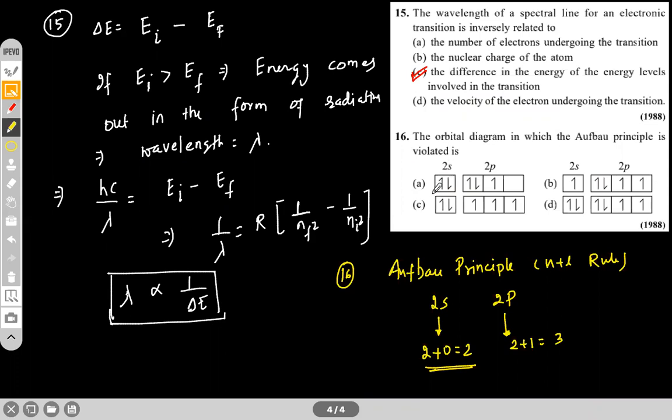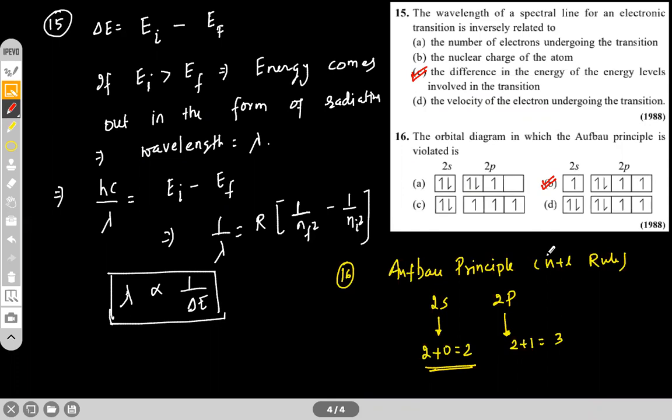So here 2s is fully occupied, and then the electron goes into 2p, so this option is not correct. Here you see the 2s orbital is not occupied and the 2p orbital has an electron. Hence, option B does not follow the Aufbau principle. Answer would be option B. Here also it is correct.